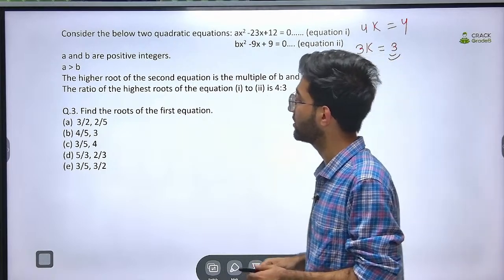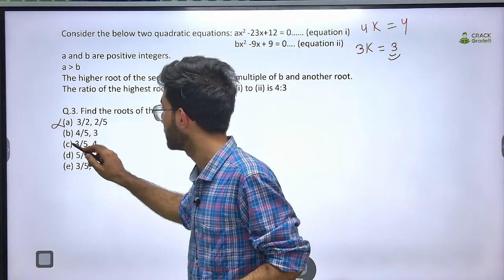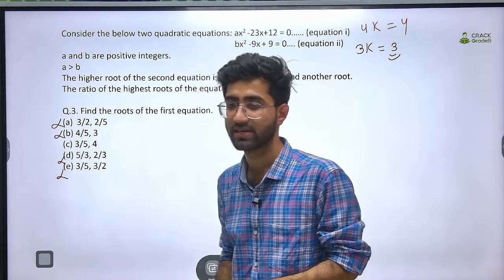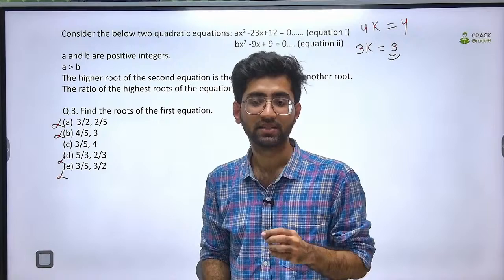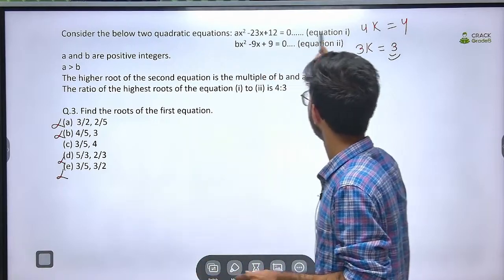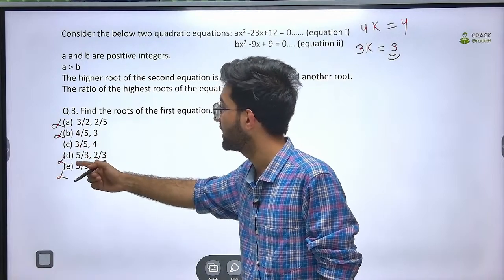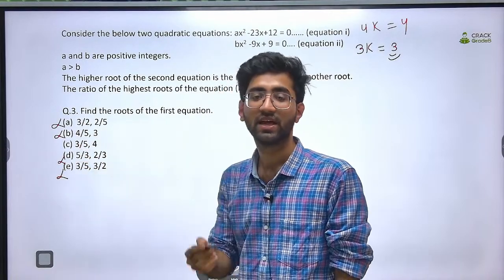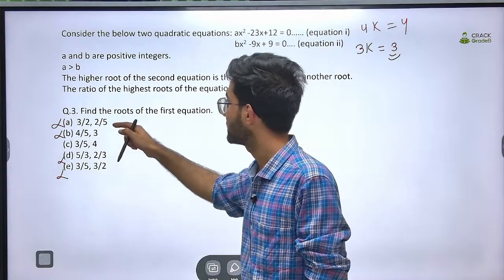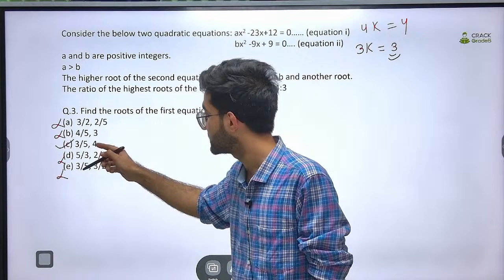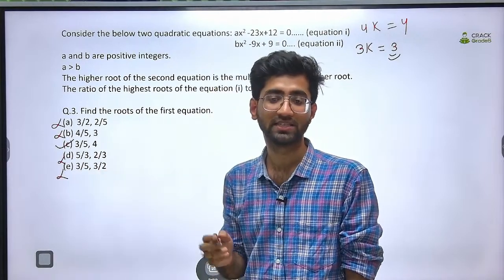And if 4 is one of the roots of equation 1, you should be able to eliminate options A, B, D and E. Why did I eliminate them? The reason is simple: if 4 is one of the roots of equation 1, none of the options among A, B, D and E convey that 4 is one of the roots of the first equation. Only option C has given 4 as one of the roots.